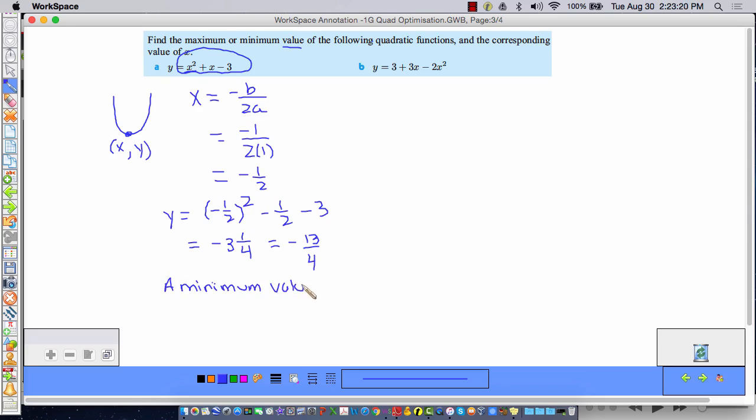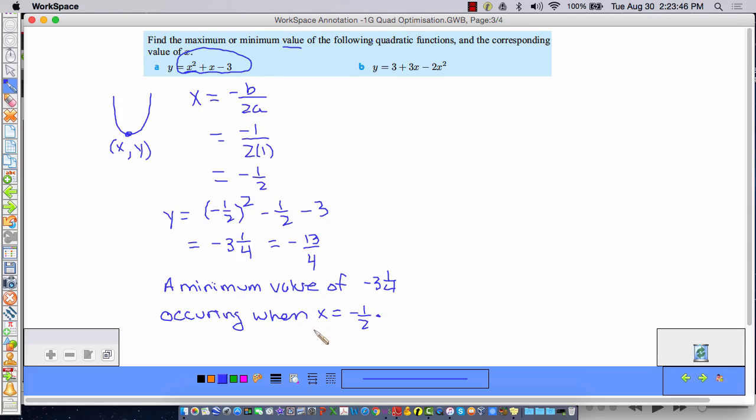This is very important, the difference between the value, the actual minimum value, and where it occurs. Minimum value of negative 3 1/4 occurring when x equals negative 1/2. I cannot stress the importance of this enough.